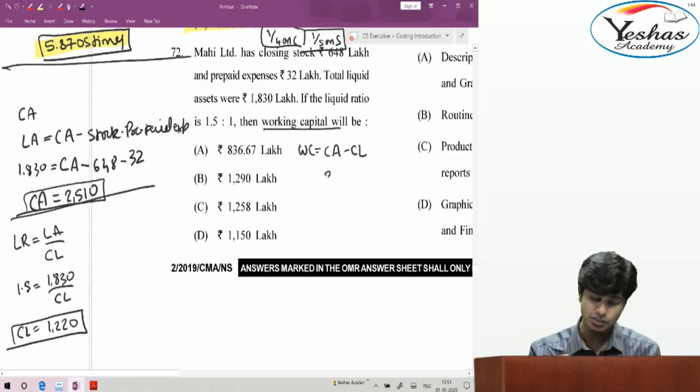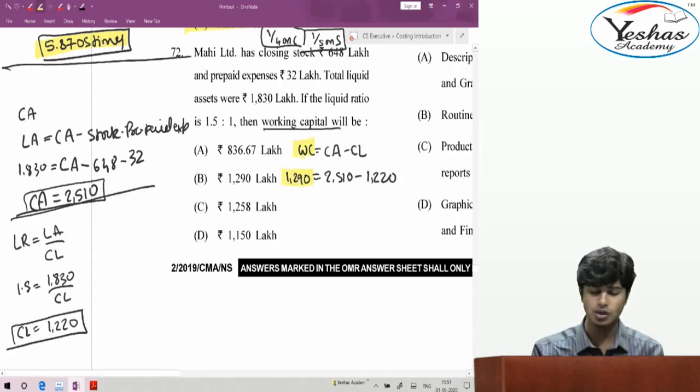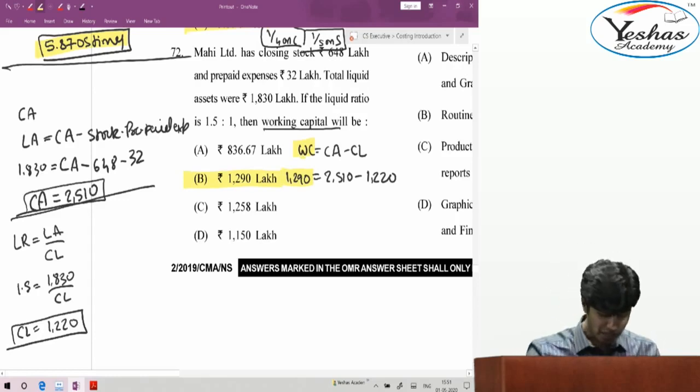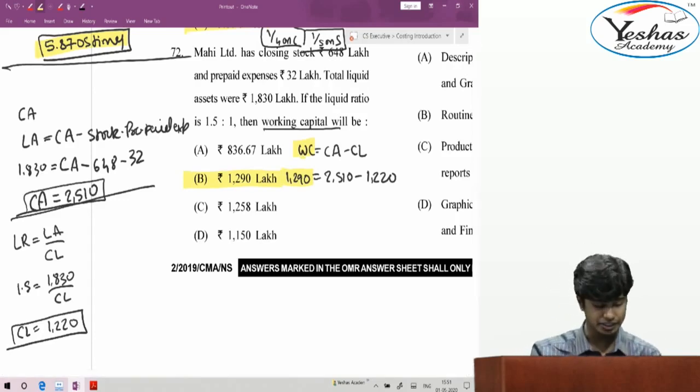So the answer is 2510 minus 1220, that is 1290. So my working capital is 1290 lakh. That is with respect to question number 72. Come on, let us now go to question number 73.